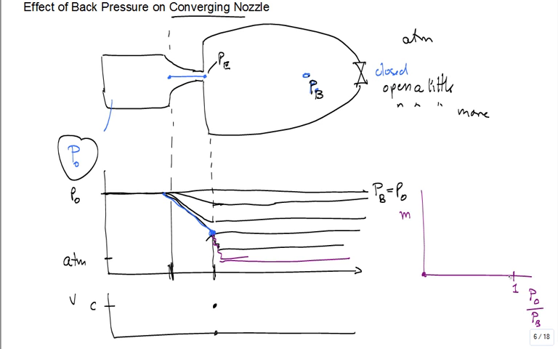But as you drop it a little bit, the flow went up dramatically. I got this wrong. It's back pressure divided by the supply pressure. And then as you drop the back pressure some more, the flow goes up again, but then it does something like that. What's that? You don't get any more flow out of it.